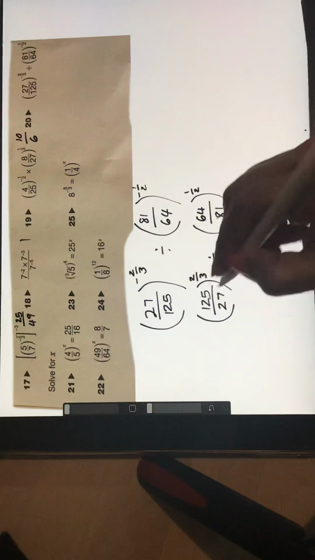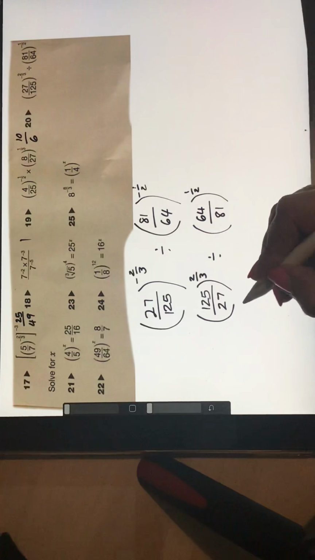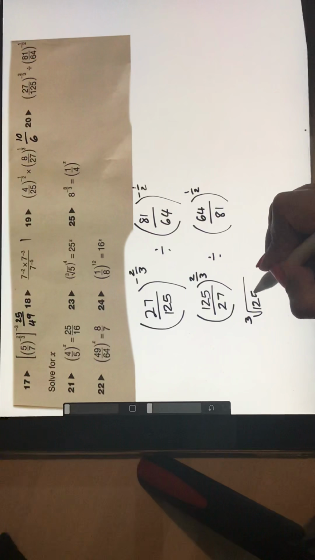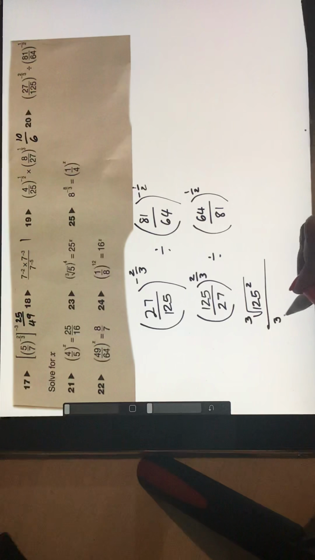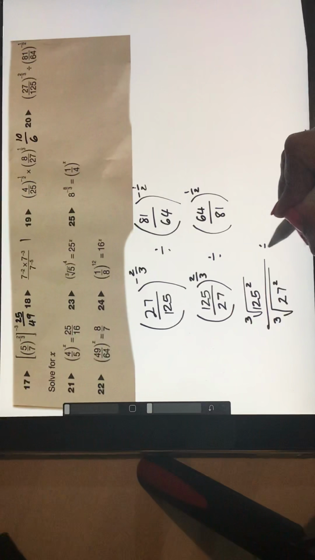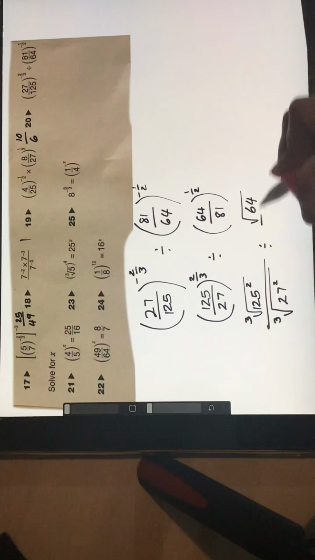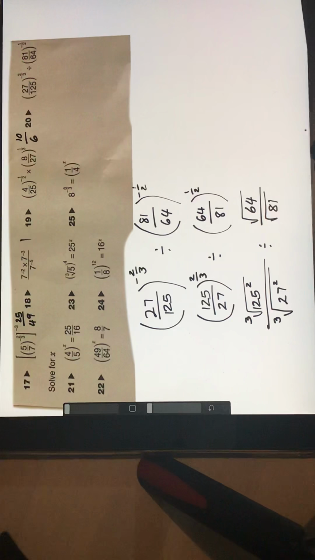Now I'm getting rid of the fractions by taking the cube root of 125 squared, and I'm taking the cube root of 27 squared, and that's going to be divided by the cube root of 64, oh no, sorry, not the cube root, the square root of 81.